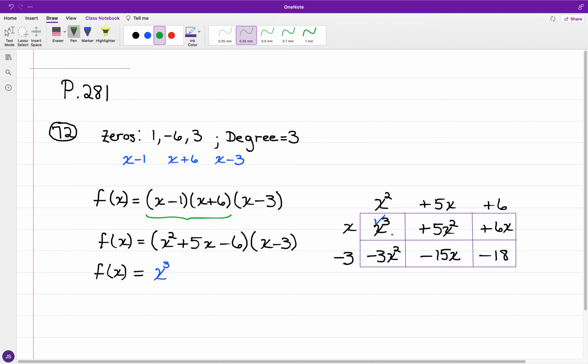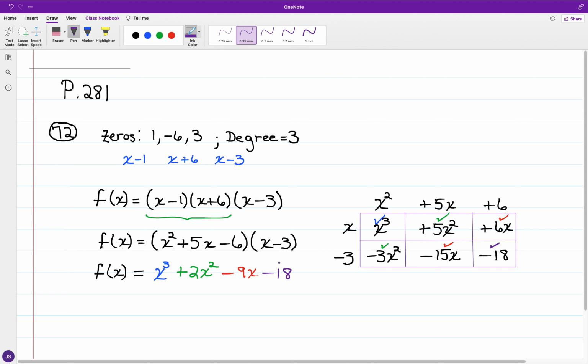Now let's do a little color coding and combine the square terms: negative 3x squared plus 5x squared gives 2x squared. Combining the first order terms, negative 15x plus 6x leaves us with negative 9x. And finally the last product is negative 18.